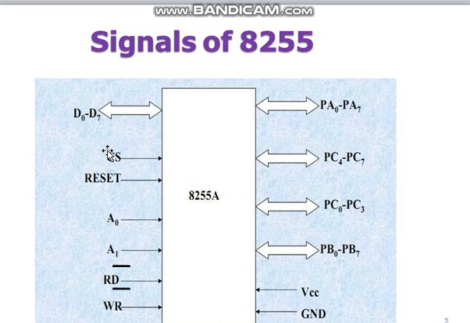You will have a chip select, a reset, a read pin, a write pin, a ground, and VCC. Apart from that, remember you have 2 important pins, A0 and A1. This is the one which decides which port I am going to operate. Am I going to operate port A, port B or port C? That will be decided by A0 and A1.